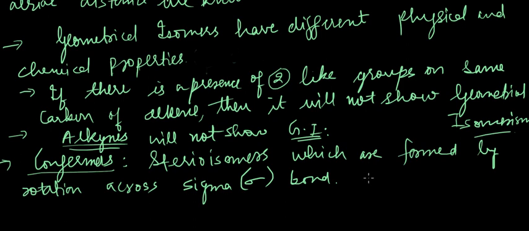Hence alkynes will not show geometrical isomerism because there is no concept of areal distance among two heavy bulky groups in alkynes.